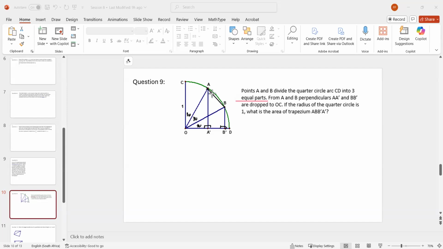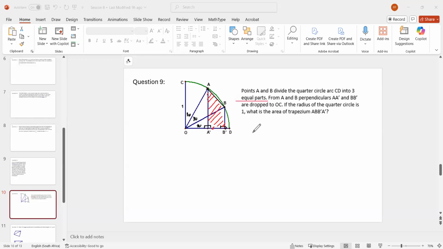So let's just shade in the trapezium. So I want to calculate the area. It's a trapezium because the opposite sides are parallel, but AB is not parallel to this.